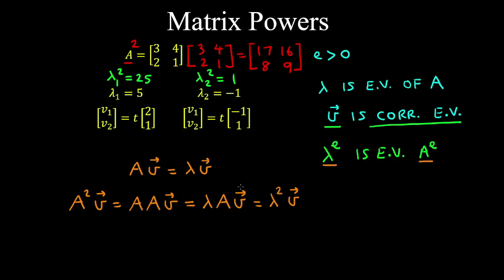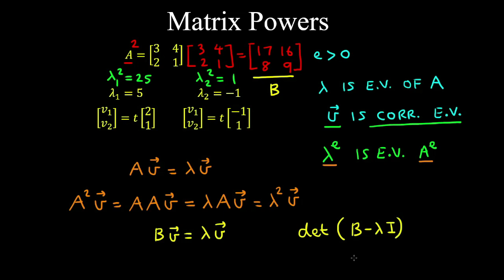And we can show this manually. So if we suppose this is our matrix B, multiplied by v is lambda v. So the characteristic equation is the determinant of B minus lambda I. So that gives the determinant of 17 minus lambda, and then we have 9 minus lambda on the diagonal, and 16 and 8 off diagonal.